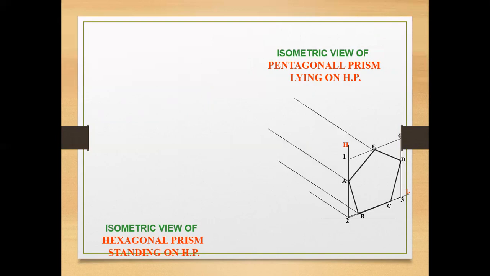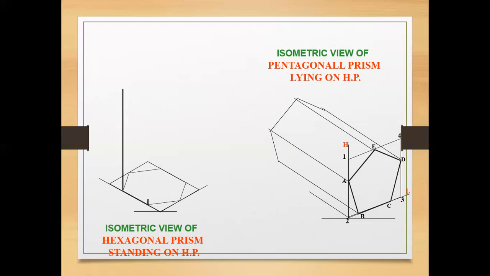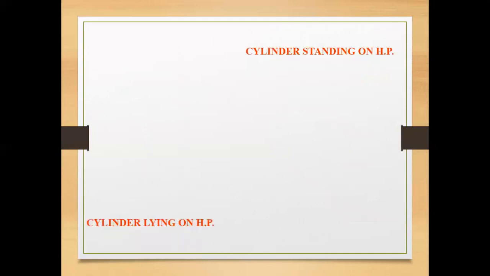If you have to draw a pentagonal prism, just extend all the points to the given axis length. This one is lying on HP. This one is standing on HP. Hexagon, pentagon, or prism are all the same procedure. Then cylinder.